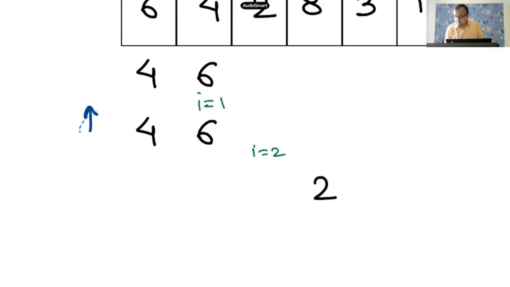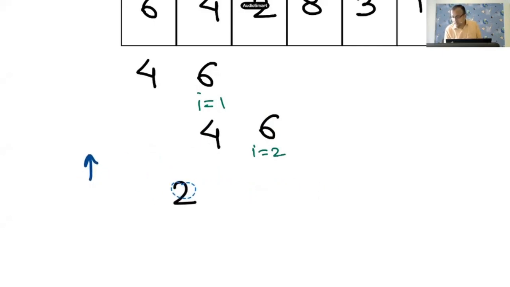Take out this element and start comparing with all elements before that. So you find that 6 is greater, shift that. 4 is greater, compare with 4. 4 is greater, shift that. There is nothing to compare, so you insert 2 at the 0th location and you continue further. Just now you sorted array of 3.